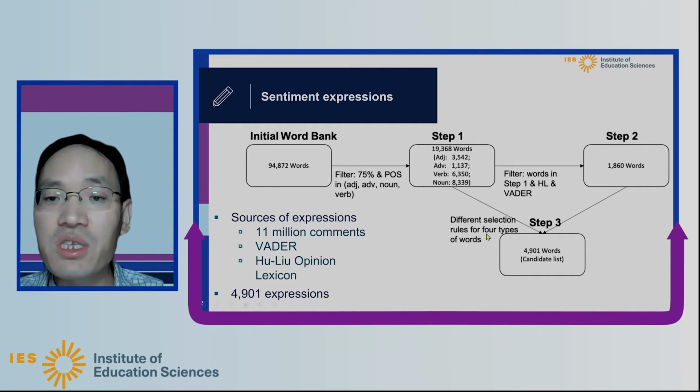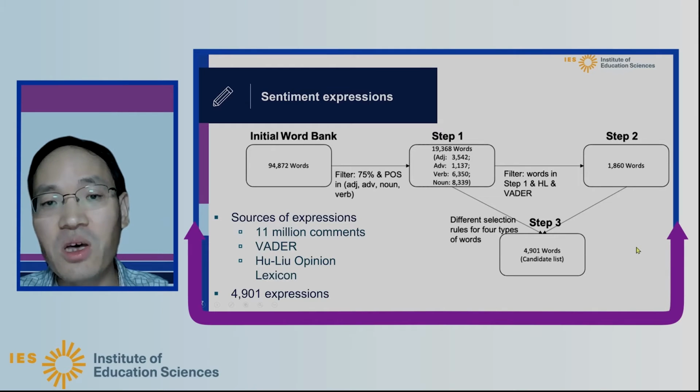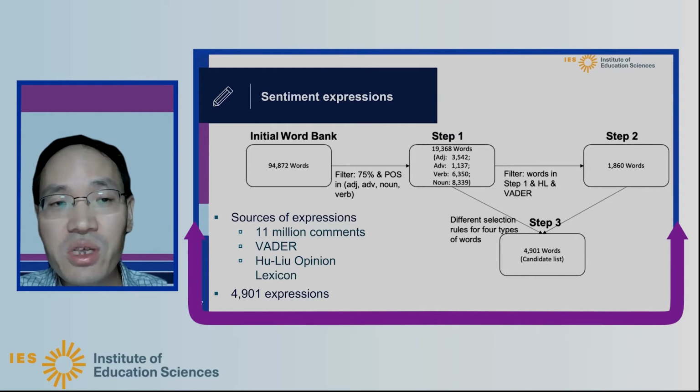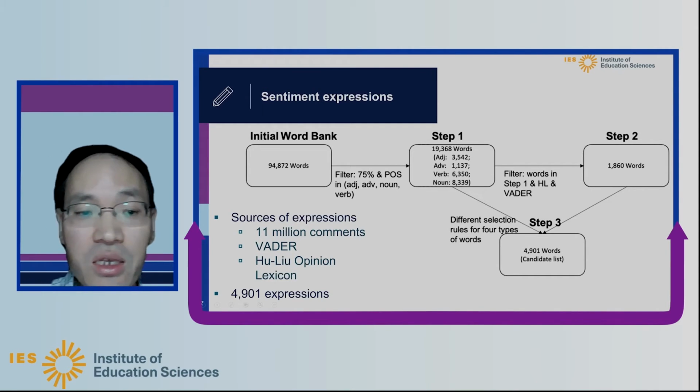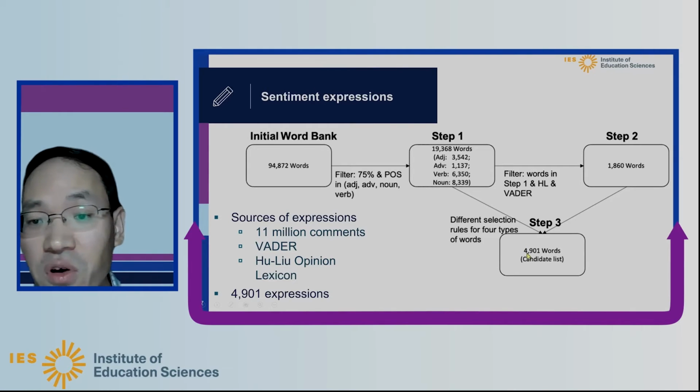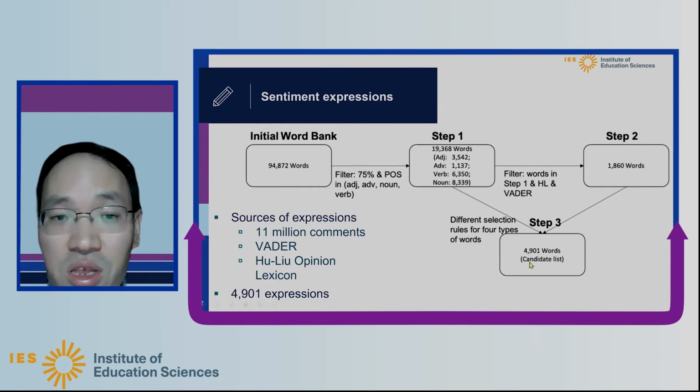After that, we did some manual screening, because some words may not be really related to the sentiment of teaching evaluation, but they are frequently used. So we removed those words, and eventually we have about 4,900 words in our list.